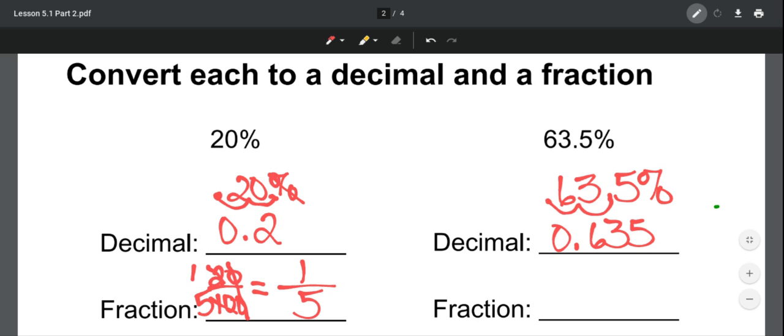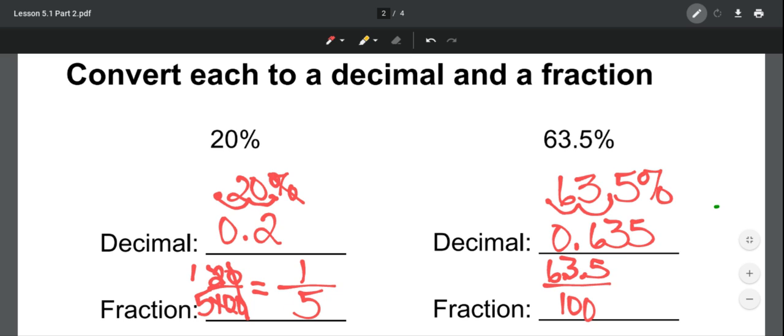To change 63.5% into a fraction, we would write 63.5 over 100. But now that's silly to have a decimal in your numerator as a fraction.